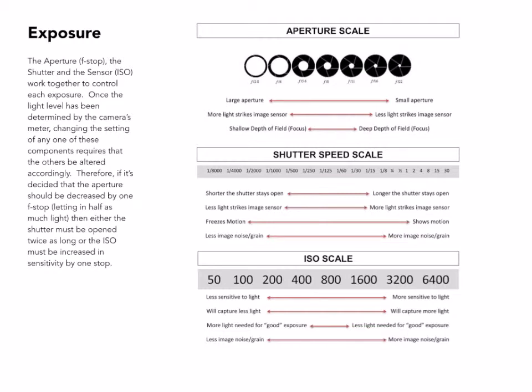If you adjust any one of these, it will change the exposure, and if you want to maintain the same exposure, but with that change, then other parts of the process have to be adjusted as well. If you are shooting with a particular aperture and you decide to stop down, for instance, making the aperture smaller, then you have to lengthen the shutter speed in order to compensate for it.